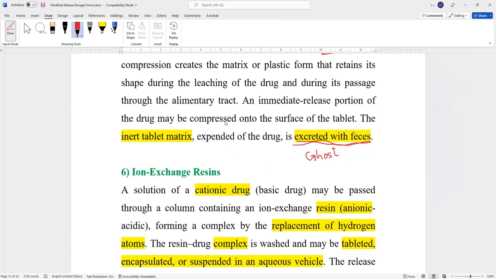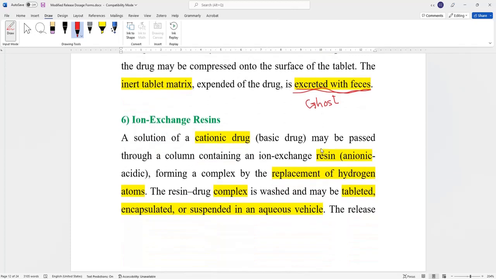So you have to warn the patient that in the stool he might see a ghost tablet. It doesn't mean it did not give an effect or that there is some problem.